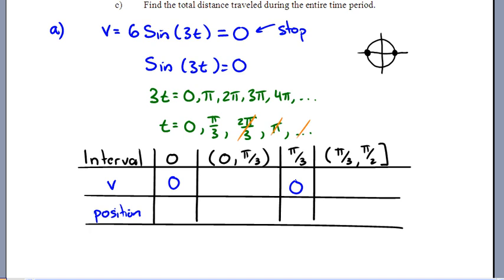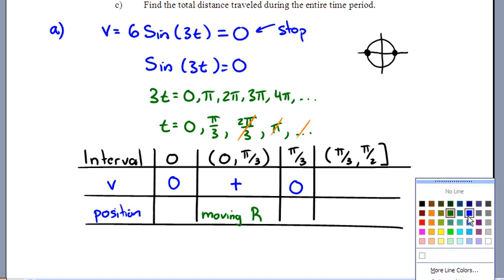And now what you do is you grab times that are in between 0 and pi over 3, any number you want, and you test them in this story, 6 sine of 3t, and you see what you get. And I found that when I picked a time in here, the velocity was positive. So we're increasing our position, right? We're moving forward. So this would be a time when your object is moving to the right.